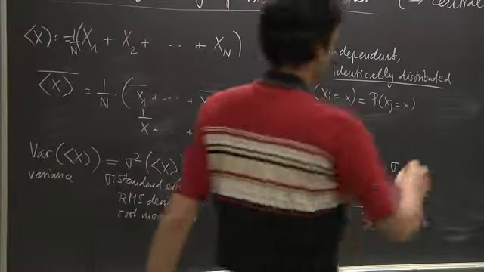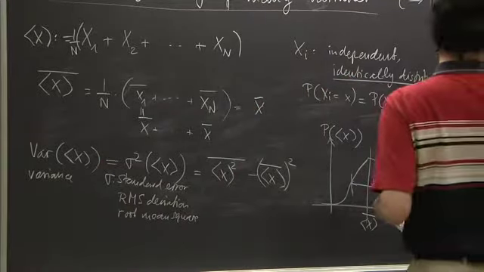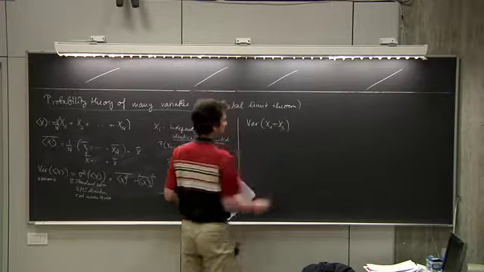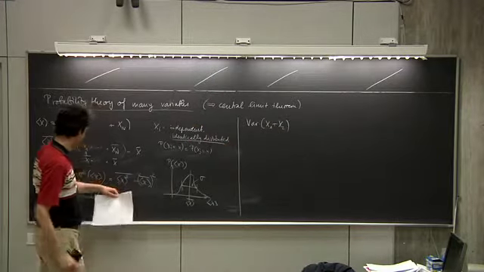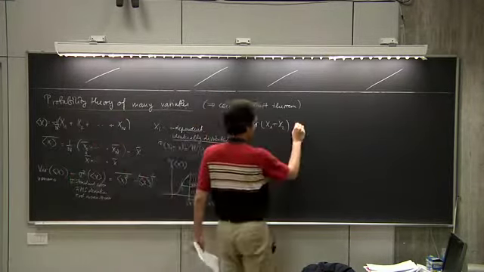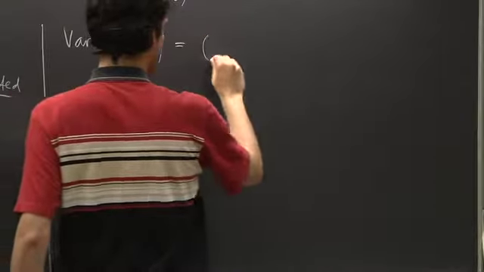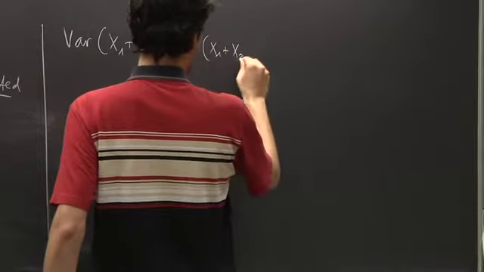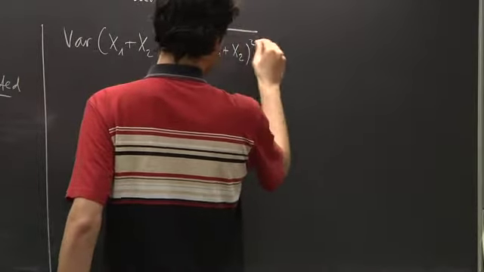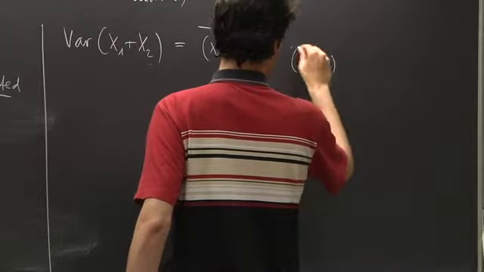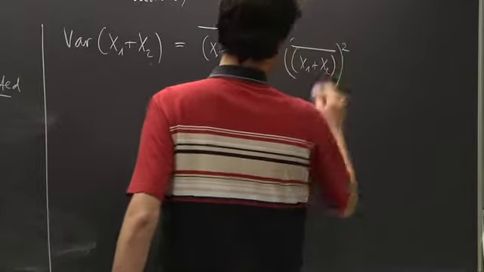Okay, so for that, we first want to understand what is the variance of two variables. Just by definition, the variance of the sum of two variables is the sum squared and averaged, minus the average of the sum squared.